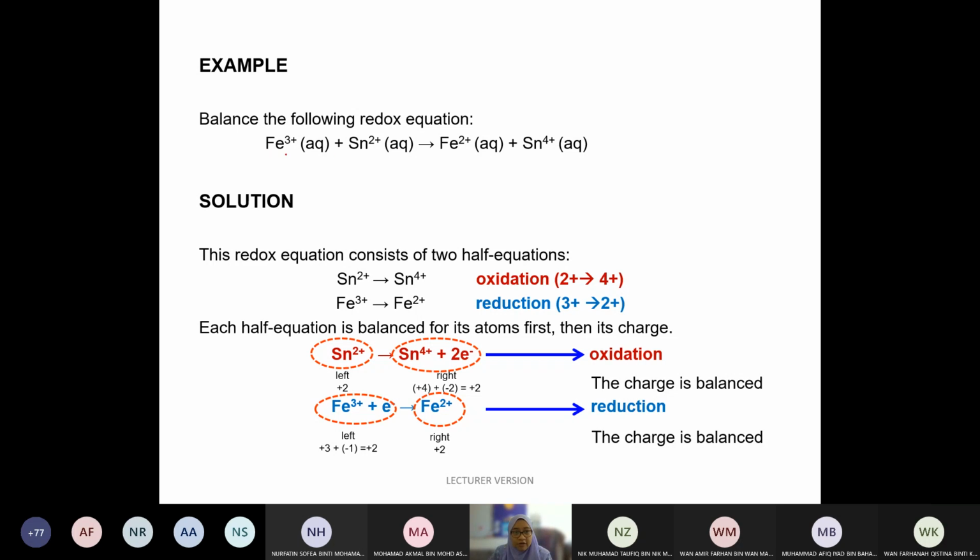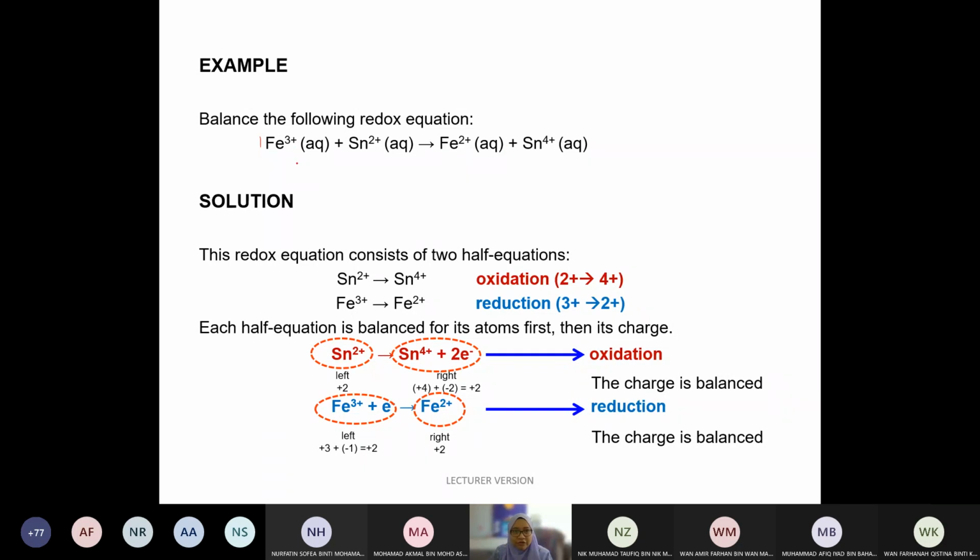As you can see, normally we balance on the coefficient, because we must make sure that the left side and the right side have the same number of atoms. This is already balanced. See, Fe is the same, one Sn on the reactant side, one Sn on the product side. But as you can see, the oxidation numbers are not balanced.